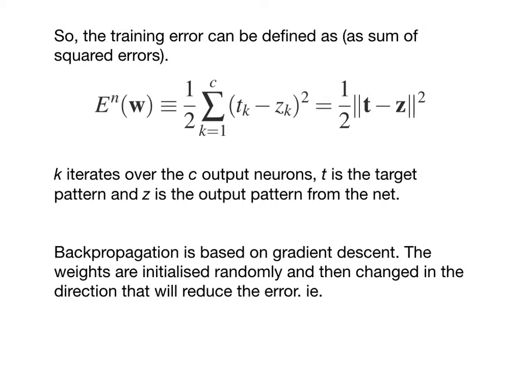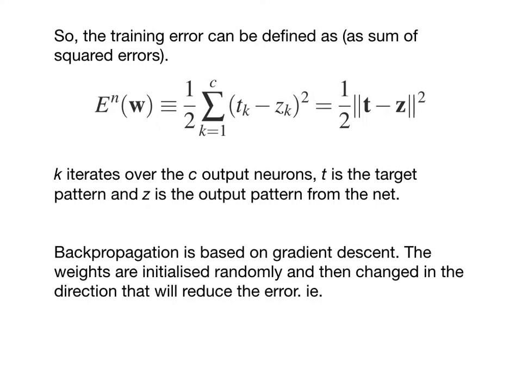So we can define the training error like this. The training error on pattern N using a particular set of weights is defined as: t_k is the target on output neuron k minus z_k, the actual output from the network. We square that, sum it over all of the output neurons, and then take half of that.